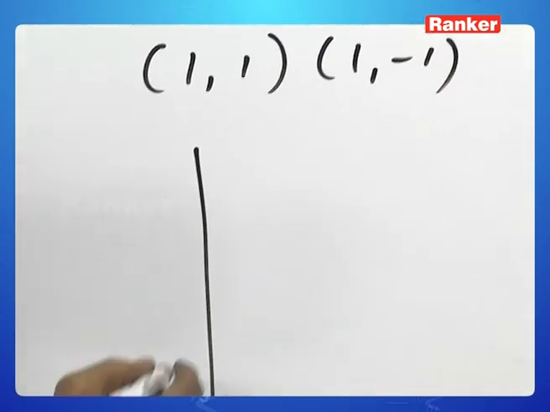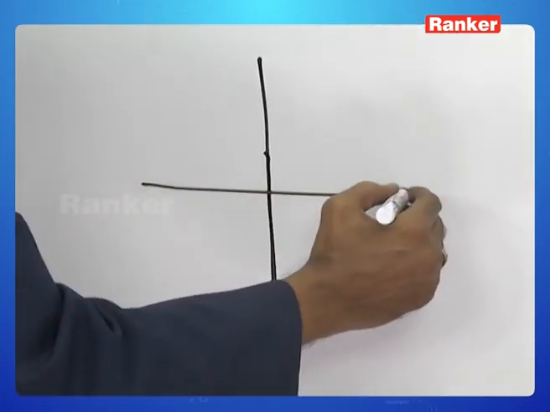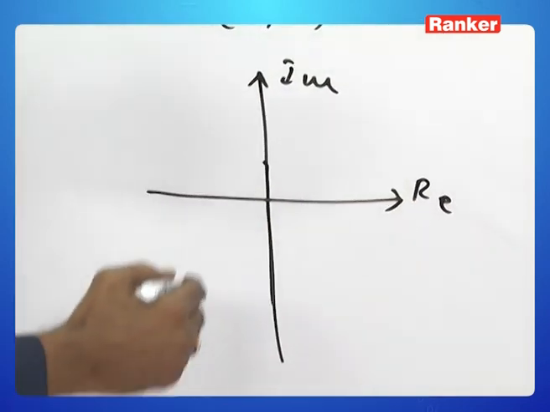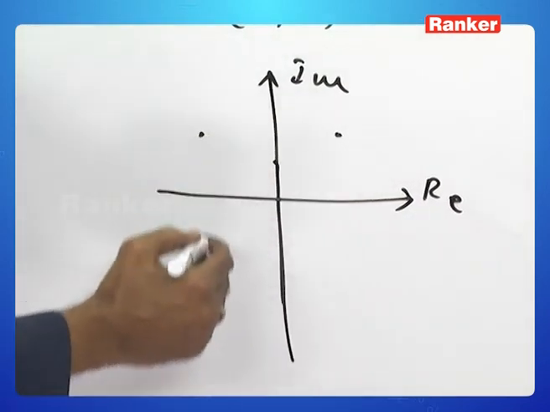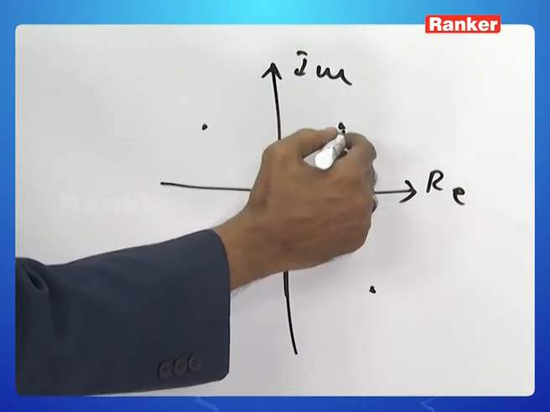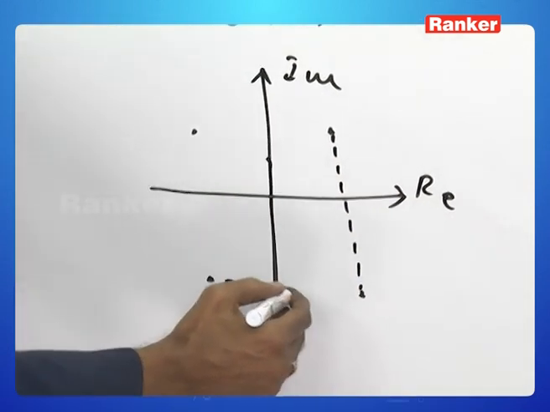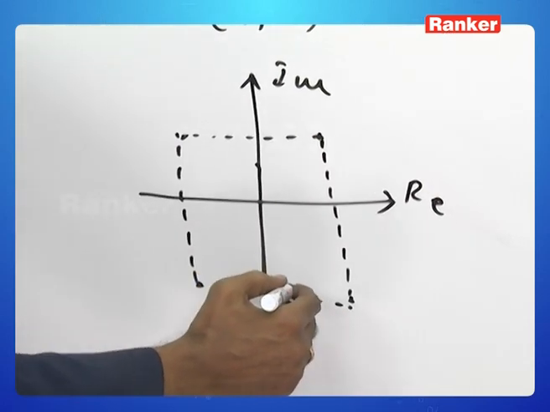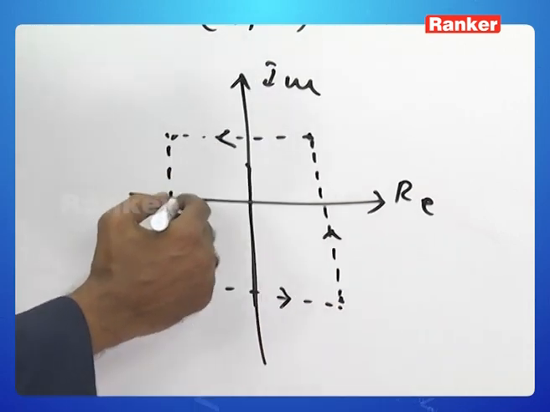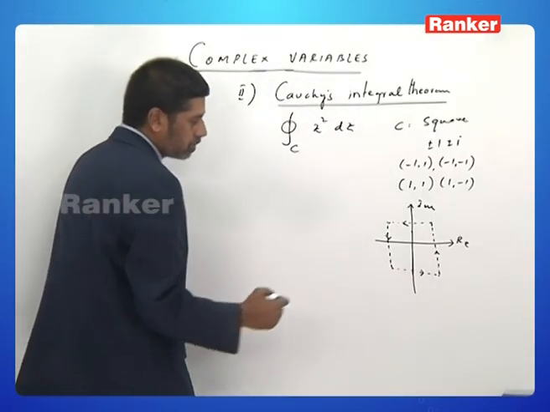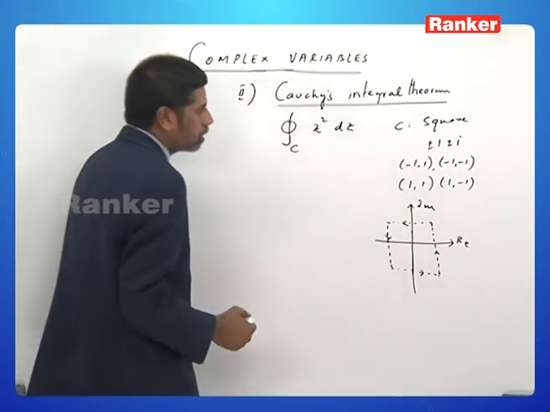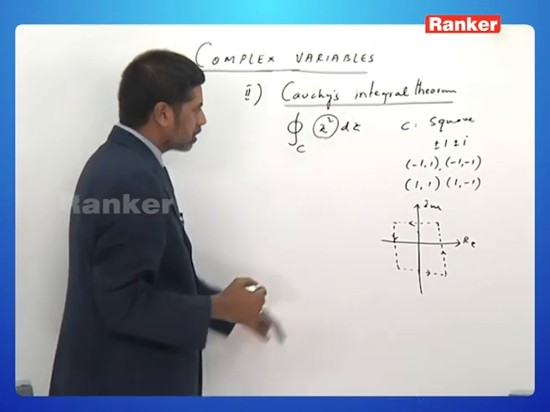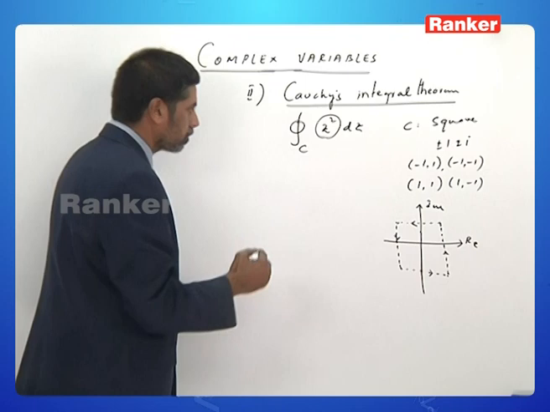So you can plot this in the complex plane. These are the 4 points. Integration is always anti-clockwise. So let us see what is the nature of this function with respect to this contour.